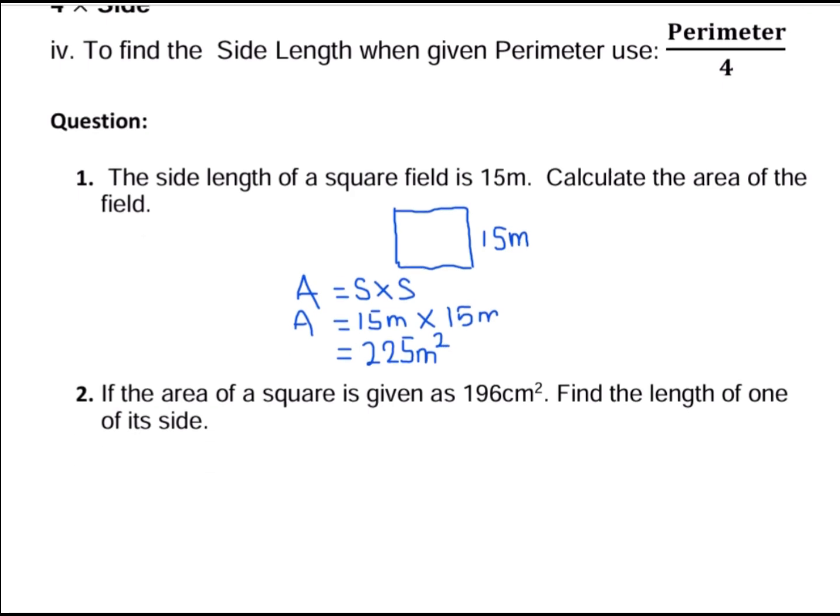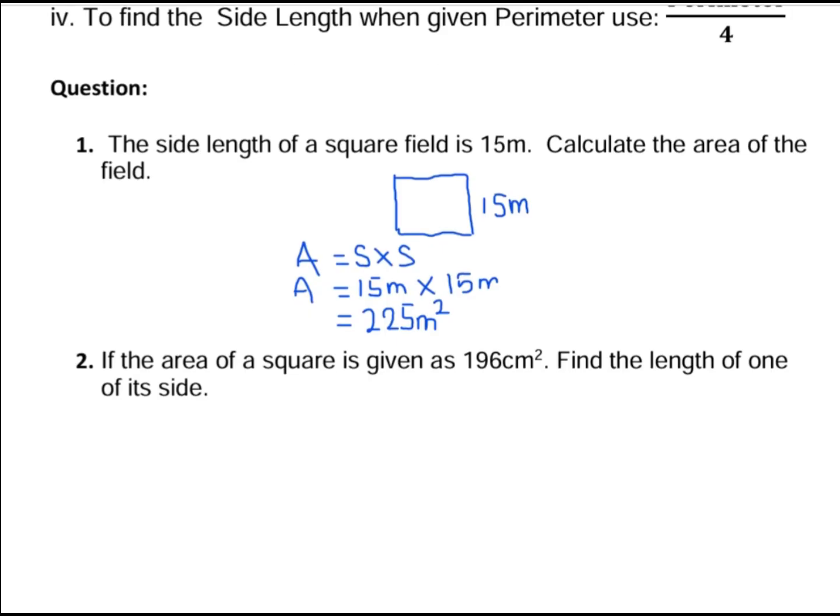The area of a square is given as 196 centimeters square. Find the length of one of its sides. So we'll draw our square. So don't forget, the area of the square is 196 centimeters square.